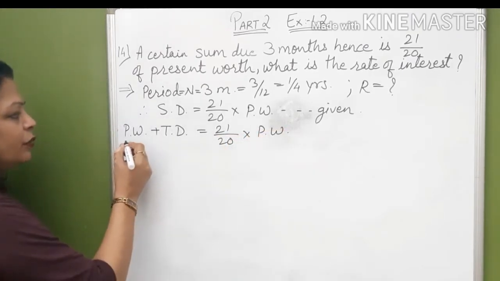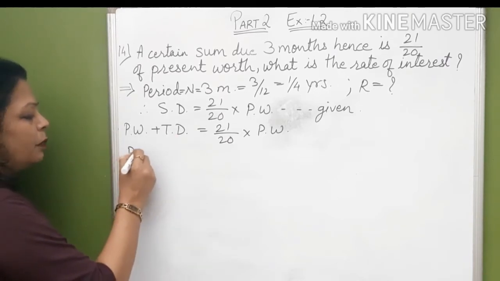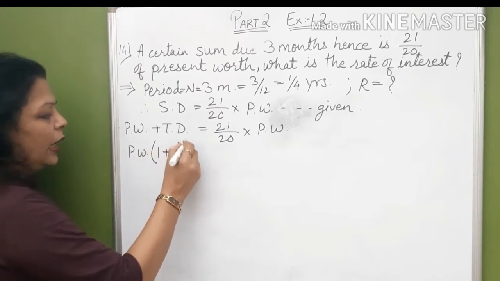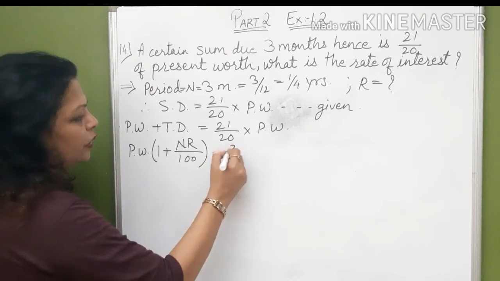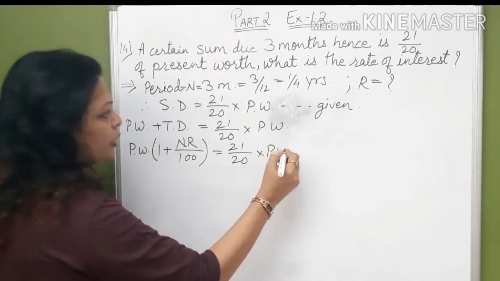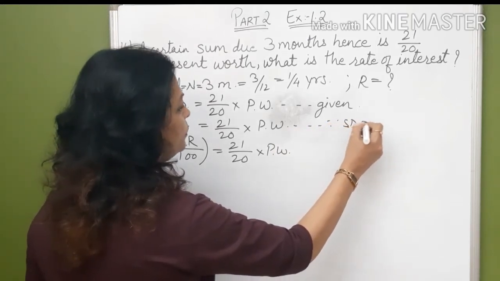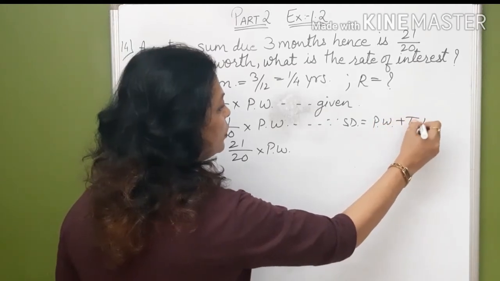Now let us substitute. Present worth, when you simplify this you get present worth into 1 plus N into R upon 100 is equal to 21 upon 20 into present worth. Here if you want you can write SD is equal to present worth plus true discount.